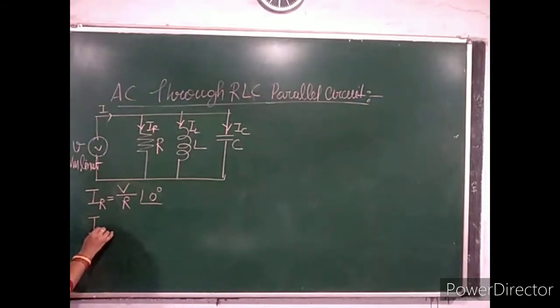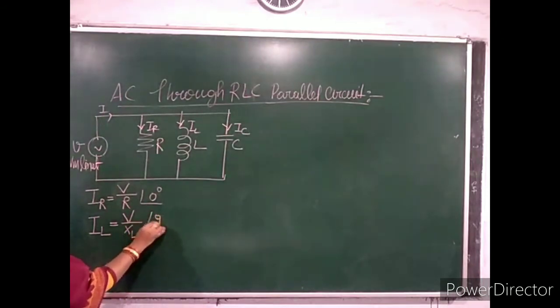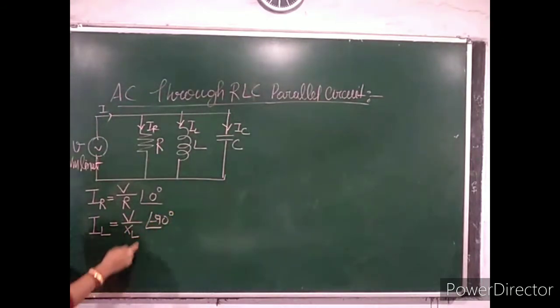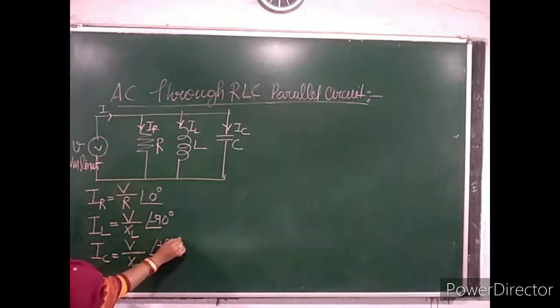Then come to the current flowing through inductor. It is V by inductive reactance, phase angle is 90 degree lagging, hence I take minus. Then the capacitive circuit, it is V by Xc and the angle is 90 degree leading, hence I take the positive polarity.